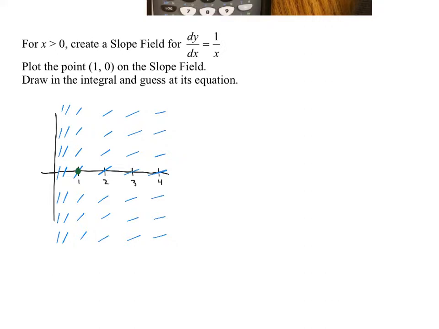It would be curved. As we approach 0, what's happening? We're going to approach infinity. It's going to go down like that, like an asymptote at 0. And as we go this way, it's going to look like that.